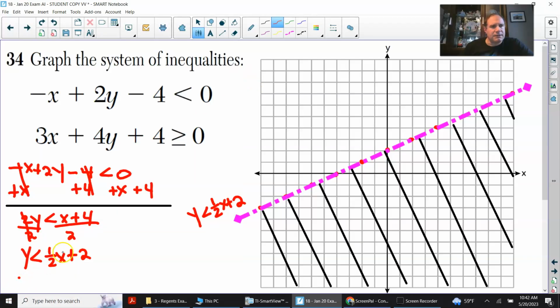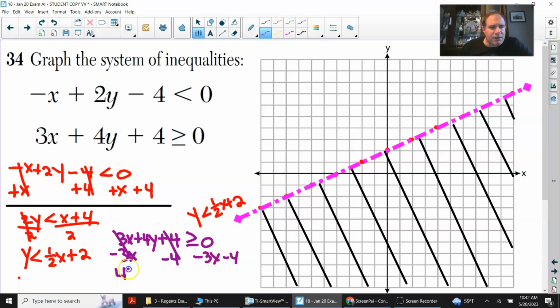And so now we're going to take that second equation, 3x plus 4y plus 4 is greater than or equal to 0. Remember, you minus the 3x on both sides, and then minus the 4 on both sides also, because you have to solve for y.